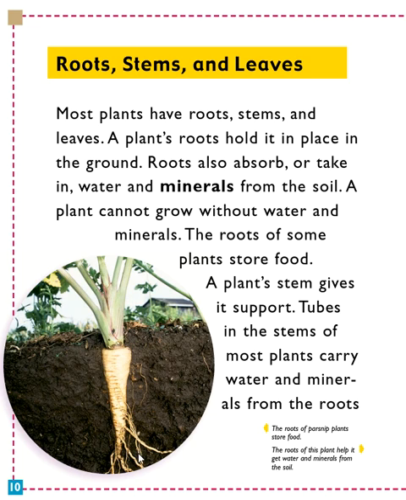Okay, so these are the roots down here, and they soak up water and minerals from the soil, and then they send them up the stems to the different parts of the plant.